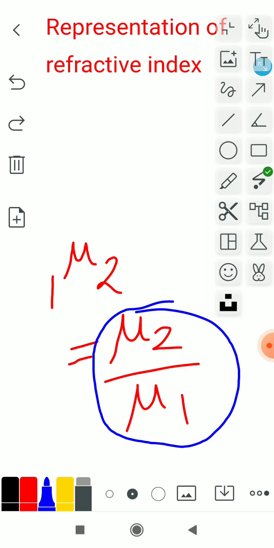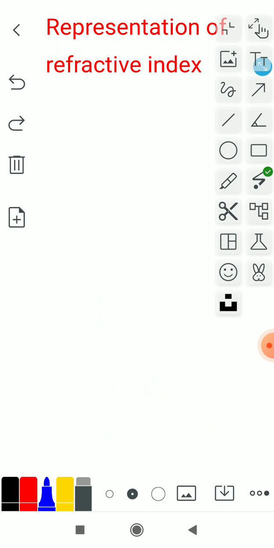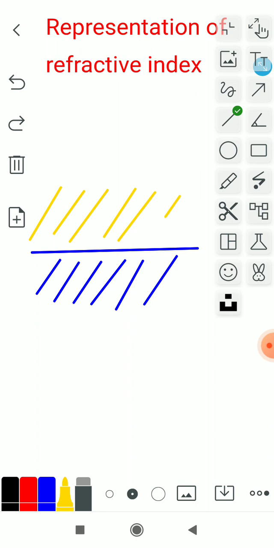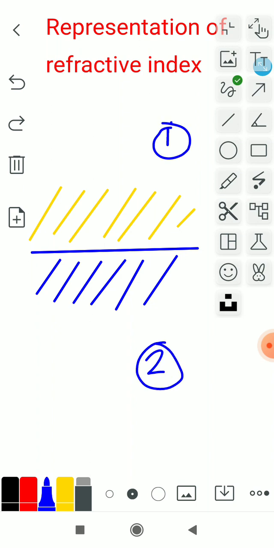Now let me show you by drawing. Again that medium: medium 1 here and medium 2 here. Now let's draw a normal.